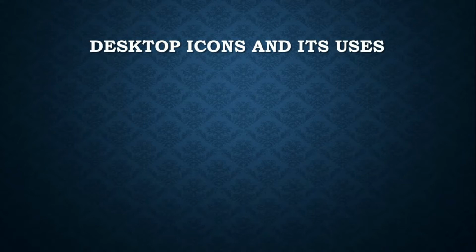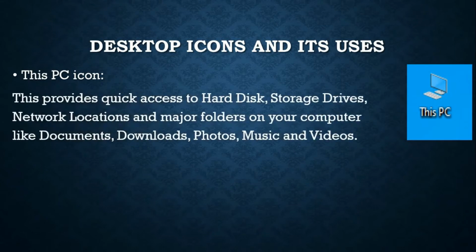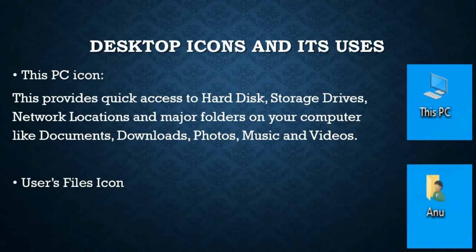Desktop icons and their uses. The first type of desktop icon is the This PC icon. This PC icon provides quick access to hard disks, storage devices, network locations and major folders on your computer like your documents, downloads, photos, music and videos. Next, the user files icon.